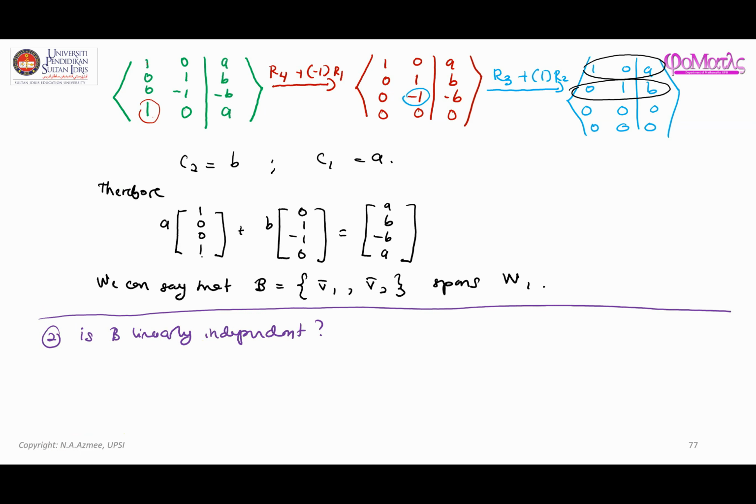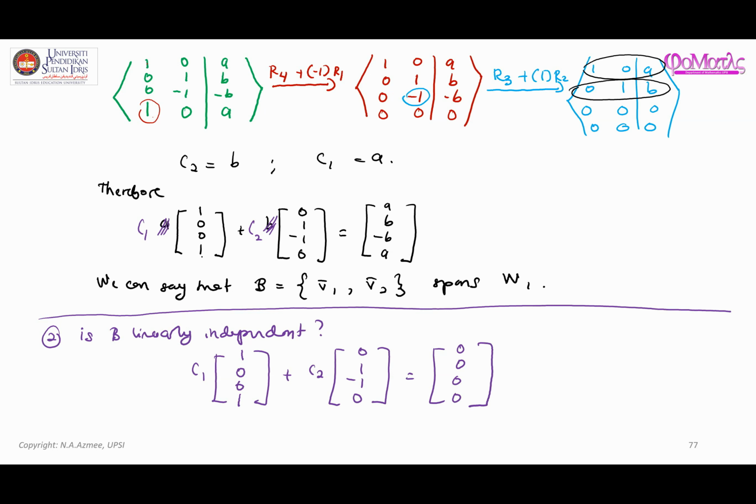Okay, so for this one, the starting point would be, this is supposed to be C1 and C2, yeah? Okay, so for B being linearly independent, it means that we are going to consider this process plus 0, 1, negative 1, 0, and this must be equal to vector 0.